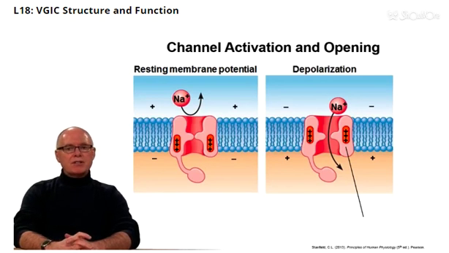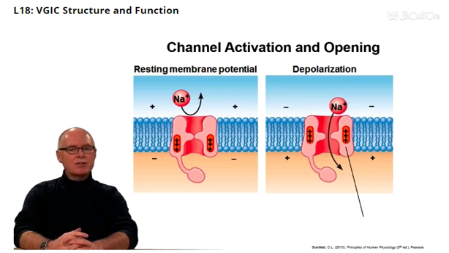The first biophysical property of a channel that we'll discuss is channel activation and opening. As indicated by the name of the superfamily, these channels activate, undergo conformational change, and open, allowing ions to cross the biological membrane down their electrochemical gradient as a result of a change in the cell's membrane voltage or potential.